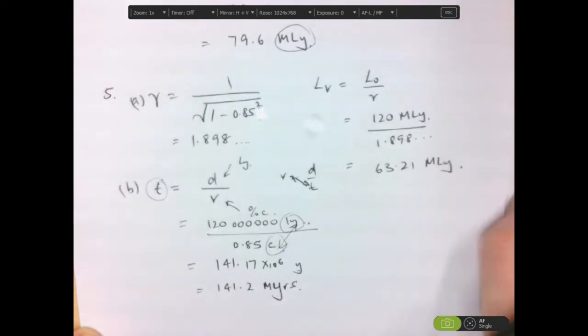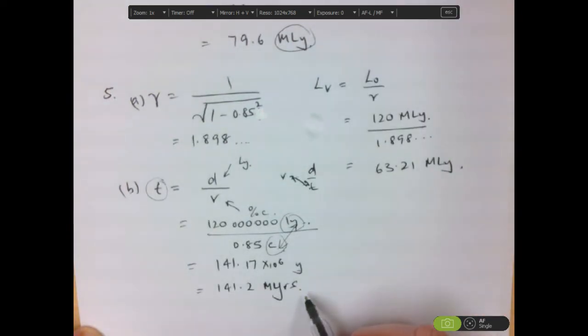So the time taken to cross the galaxy traveling at 0.85 of the speed of light, if we don't take into account any time dilation, should be 141.2 million years to cross the galaxy.